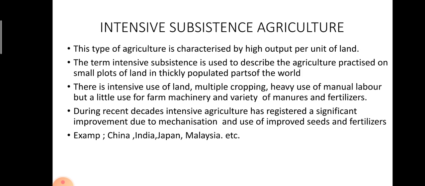Multiple cropping, meaning in the same land they produce different types of crops in a year. Mainly they depend on heavy use of manual labor and fertilizers.